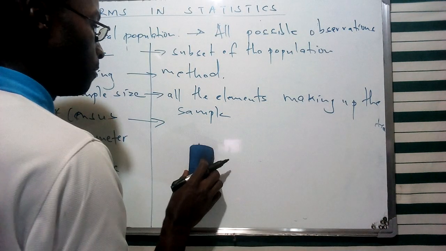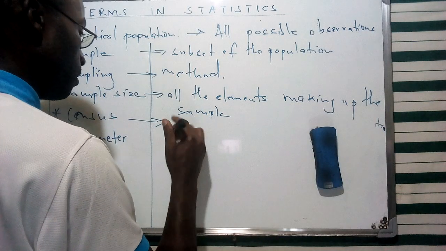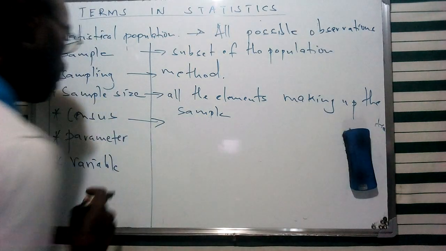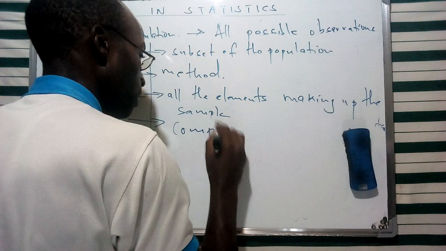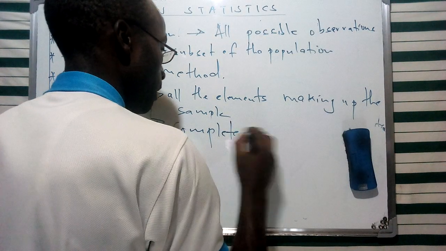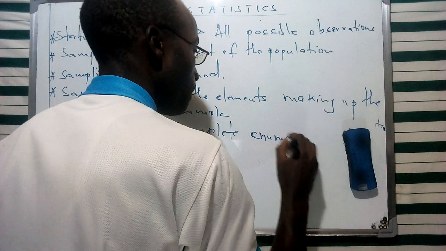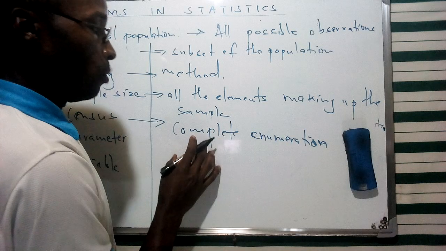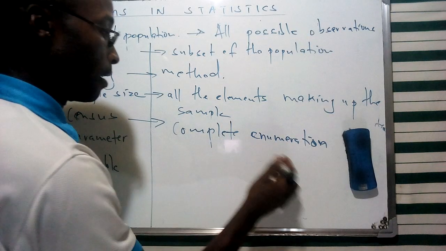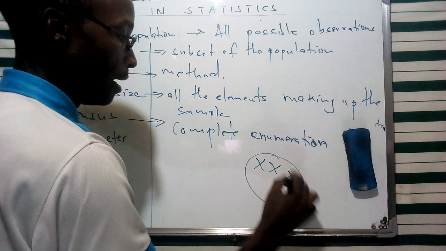In this case, I can give it just a definition whereby this is going to consist of a complete enumeration. So this basically is a complete enumeration of all the elements that are going to make up the population.